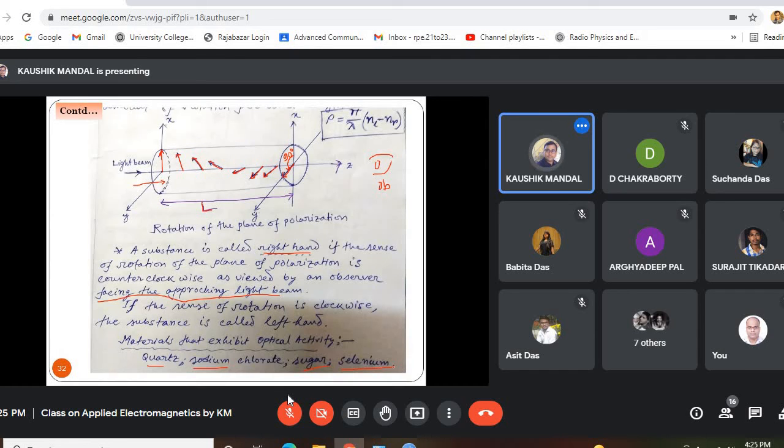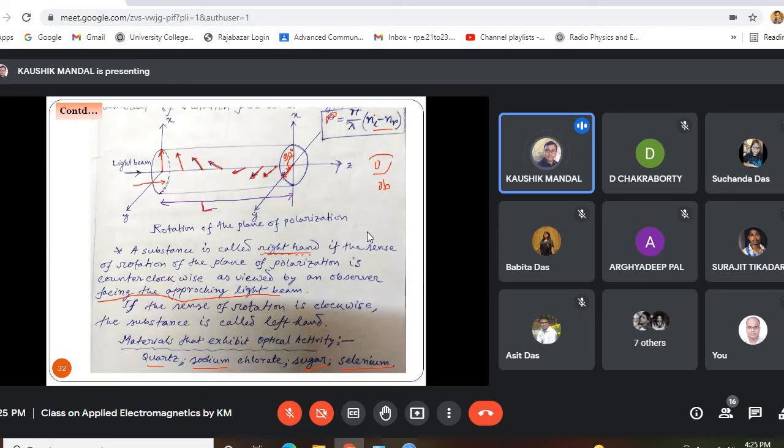So these are some examples of optically active media, and you can measure the amount of rotation of the plane of polarization with this particular equation, pi by lambda times (nL minus nR).